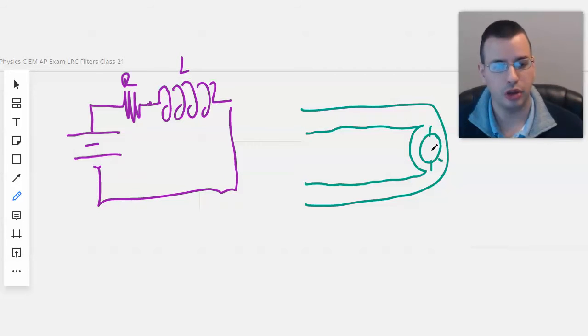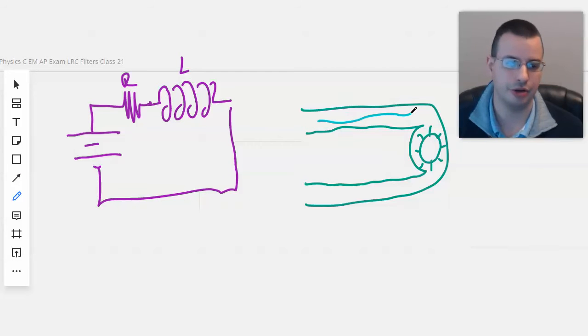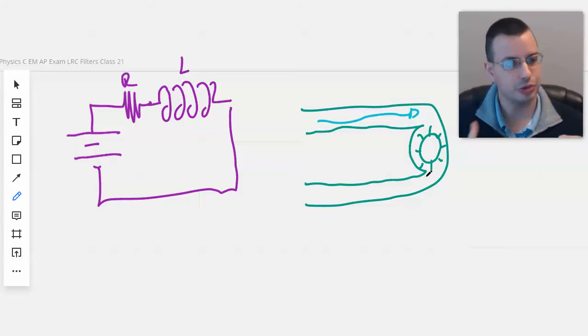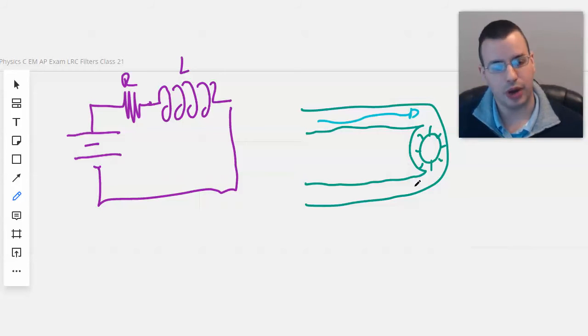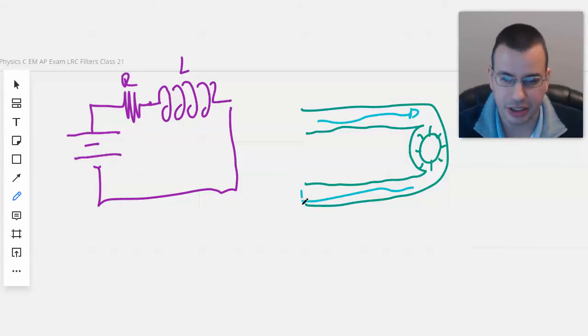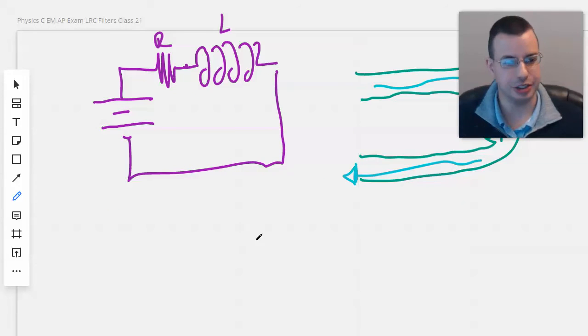So what happens in the hydraulic analogy model is you have water go this way. It immediately hits the water wheel. It can't get through because the water wheel has significant momentum. But after a while, the water pushes it and brings the water wheel up to speed. And eventually, the water wheel is just spinning and not really offering any resistance to the current flow.